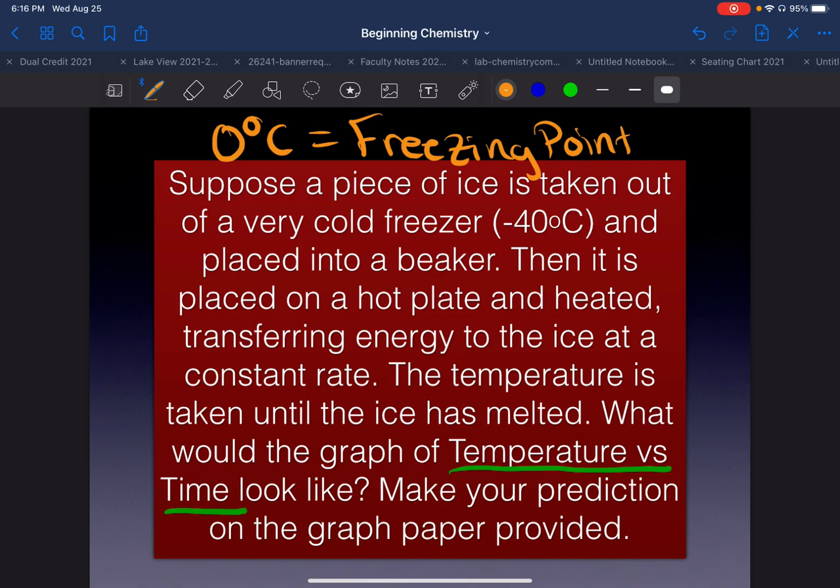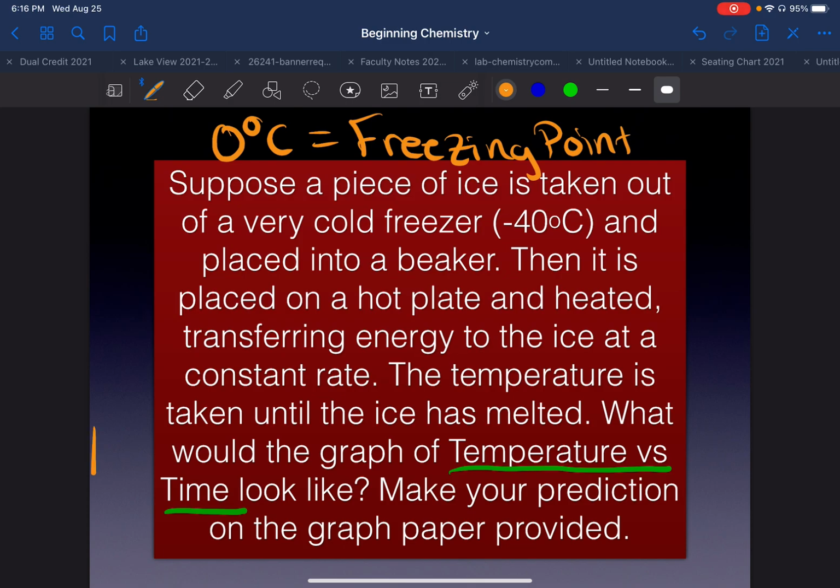We're going to take this ice and place it into a beaker. We're going to set this beaker on a hot plate that's already warmed up, and it's going to be held at a constant temperature, and I'm going to heat this over time. And the question becomes, well, what would that graph look like?